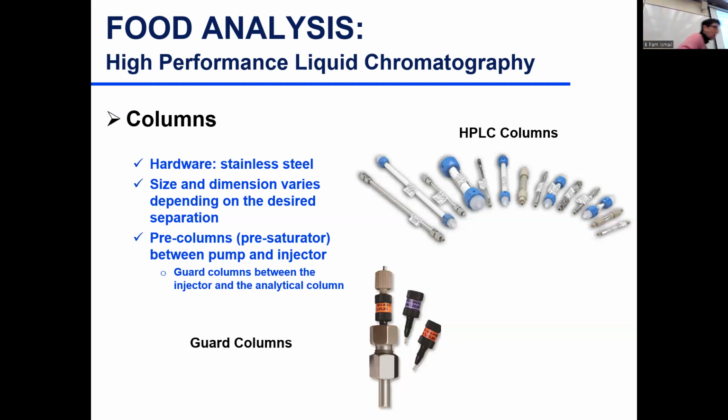So when capacity is important, you go for a thick column, maybe not too long, too tall of a column. So it really gives you this flexibility in terms of, do you care for resolution, separation, perfect separation, sharp peaks, or do you really care for just a little bit of separation and a lot of capacity because you want to collect the fractions and use them for later testing?